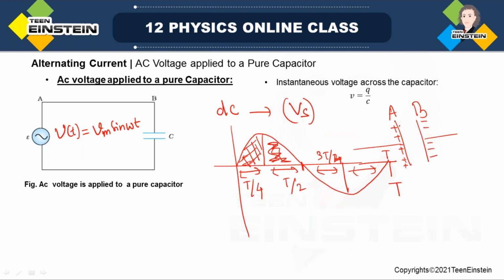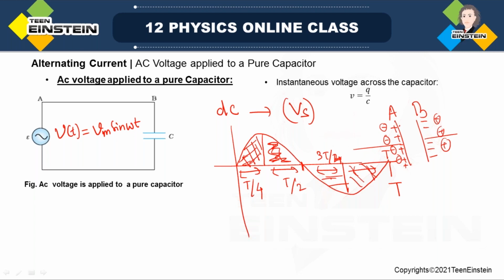During this time, the capacitor will be charged. During this quarter, the capacitor will be discharged. Again on the negative side, it will be changing its polarity in this half cycle. So this will be negatively charged, and this will be positively charged, and the current direction itself will change.